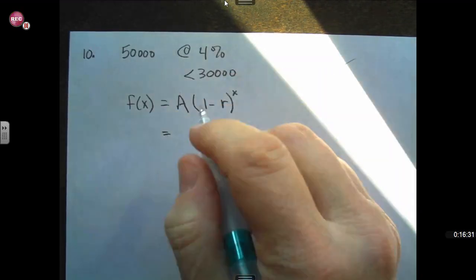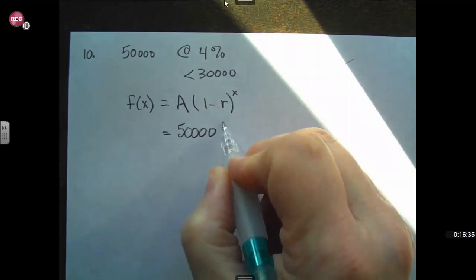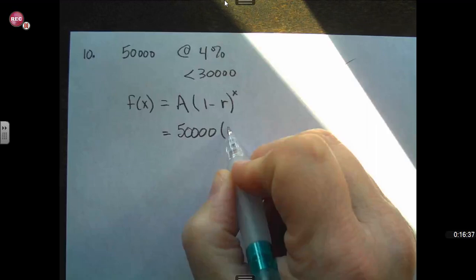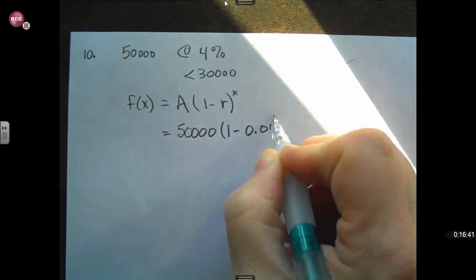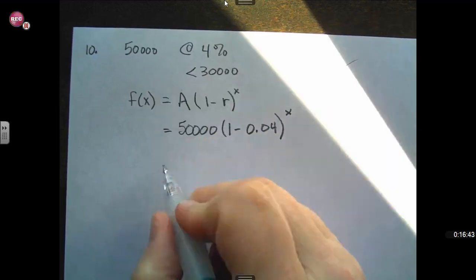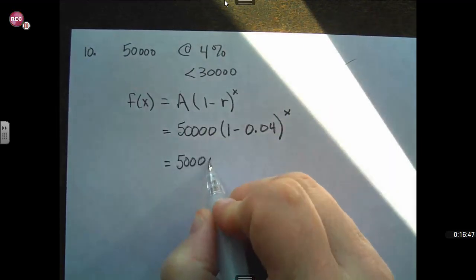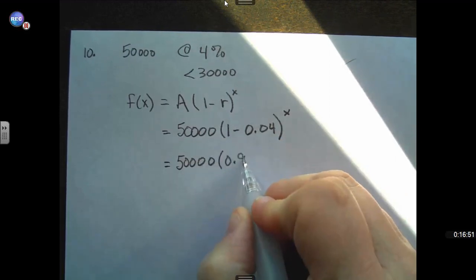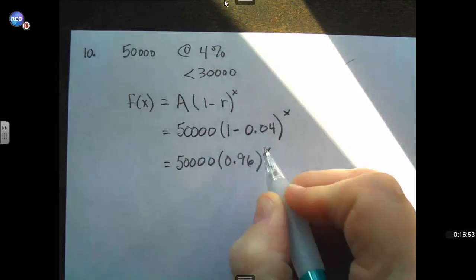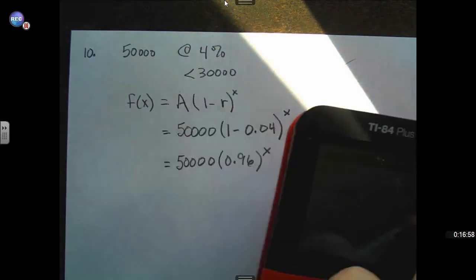So our initial amount is 50,000, times 1 minus 0.04 to the x, or 50,000 times 0.96 to the x. And then it's just a guess and check game, right?